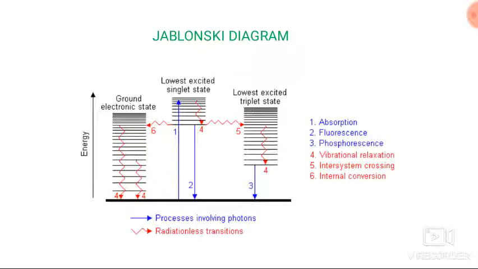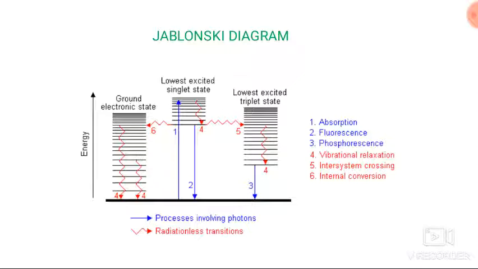Now come to number 4, that is vibrational relaxation. What do we mean by vibrational relaxation? It is a non-radiative transition. Non-radiative transitions can occur through different mechanisms, and one of them is vibrational relaxation.